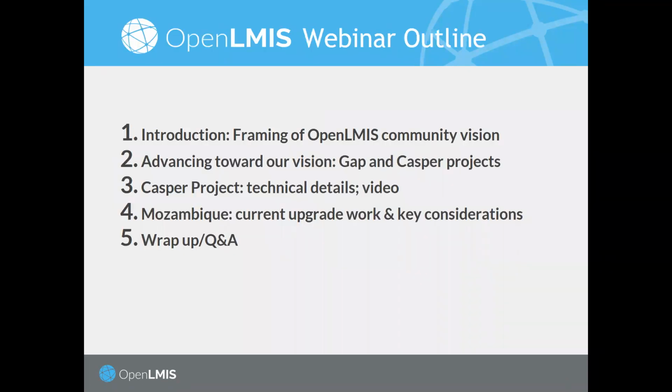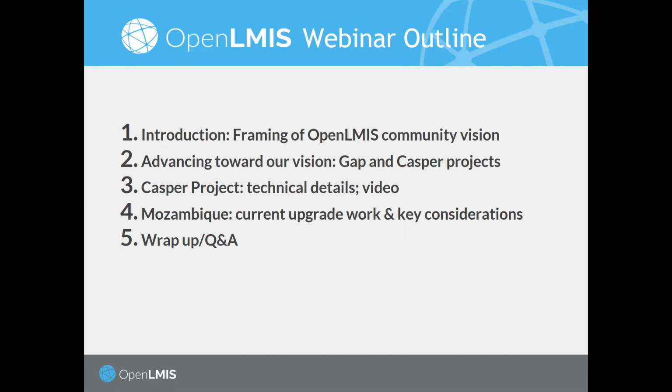I'll just quickly run through our webinar outline. I will first just do some introductory slides outlining how upgrading OpenLMIS fits into the community vision overall. And then we'll hear from Wes about two particular projects that our core team has worked on, the GAP and the Casper projects, and he'll talk about how that has helped us advance toward this vision.